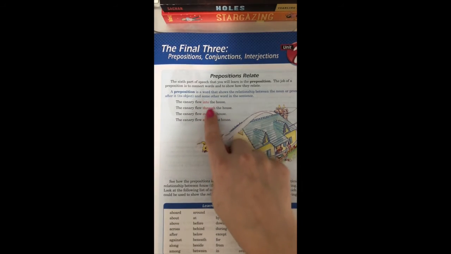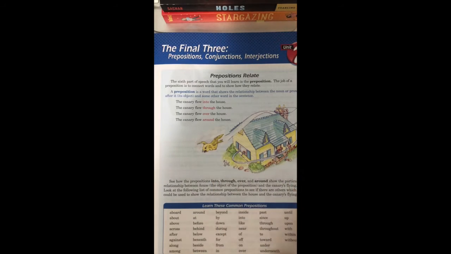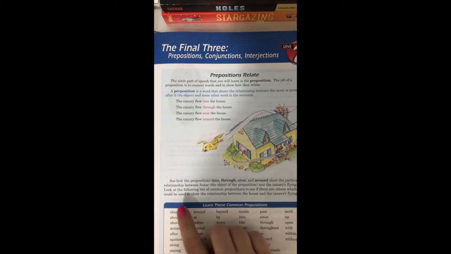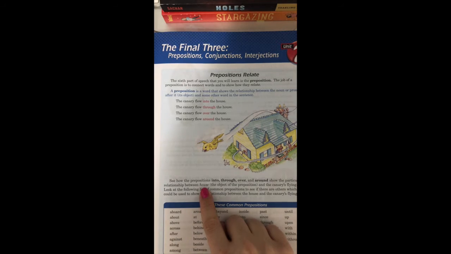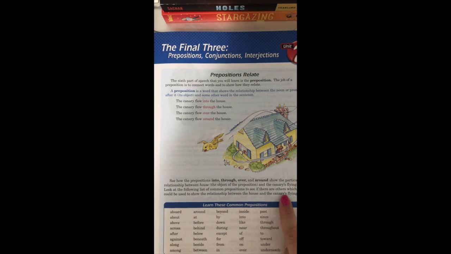So notice these words in red. These are prepositions. And it says, see how the prepositions into, through, over, and around show the particular relationship between the house, so the object, and the canary's flying. Look at the following list of common prepositions to see if there are others which could be used to show the relationship between the house and the canary's flying.